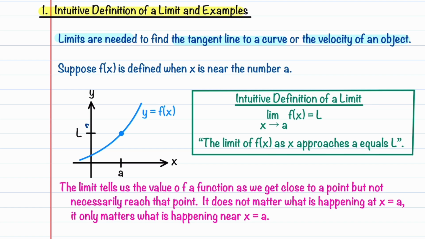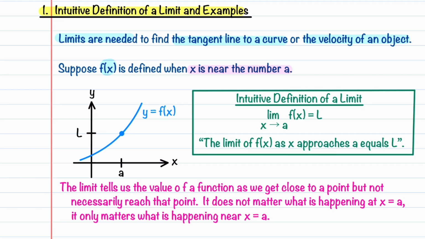Suppose we have a function f of x that is defined when x is near the number a. We can use a limit to describe the value of our function f of x when x is near a point a. The limit tells us the value of a function as we get close to a point but not necessarily reach that point.